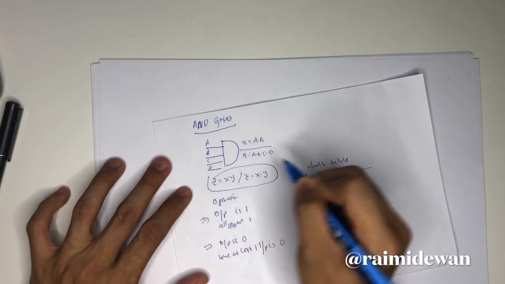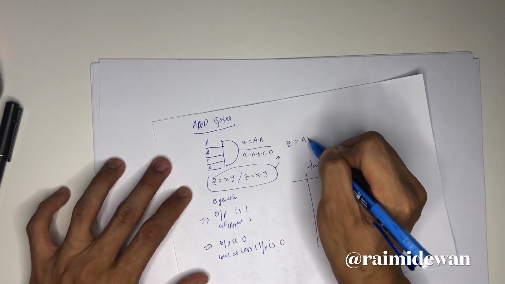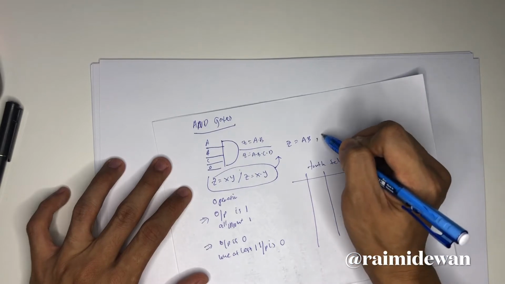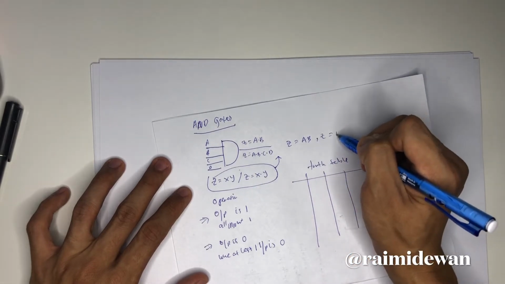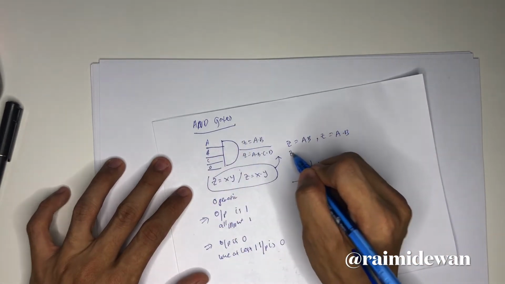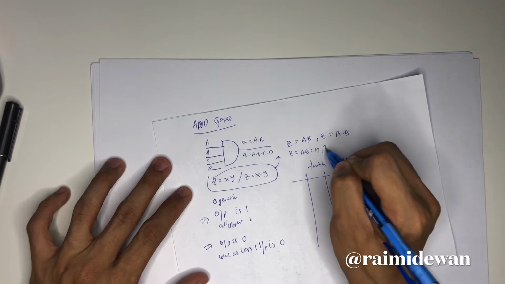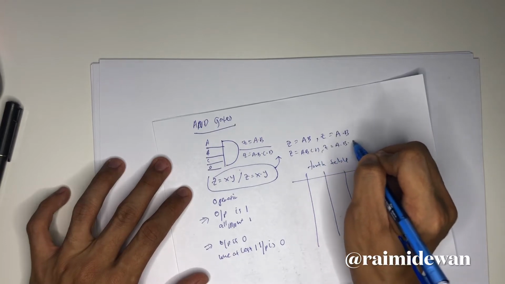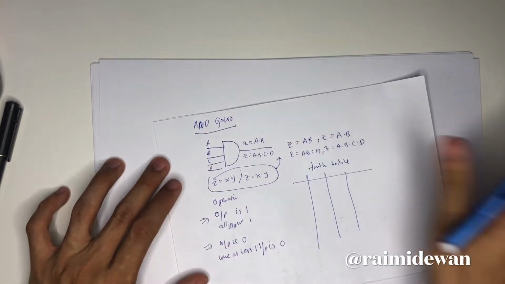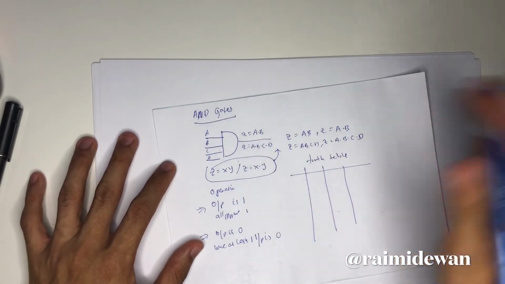Tailored to this condition, it can be Z equals A B, or Z equals A dot B if it's two inputs. But if you have more inputs, for example A B C D, Z equals A dot B dot C dot D, just like this. But for simplicity, let's take two inputs.